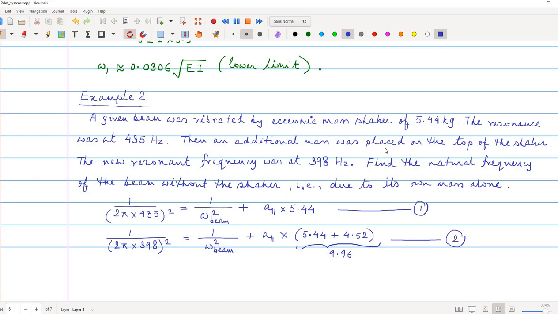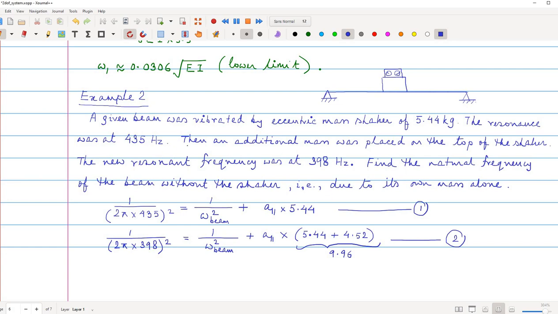So there is a beam, yes, there is a beam like this, and this beam is vibrated by an eccentric mass shaker, like this.